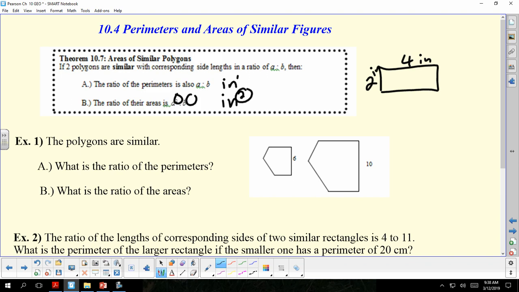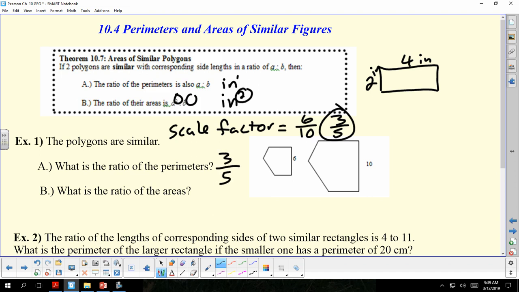Right? The polygons here are similar. So what is the scale factor? The scale factor of the smaller one to the bigger one is 6/10. And if I simplify this, take a 2 out of both the top and the bottom, I get 3/5. Therefore, the ratio of the perimeters is also 3/5.